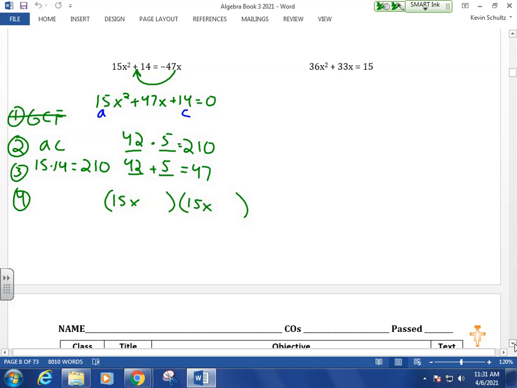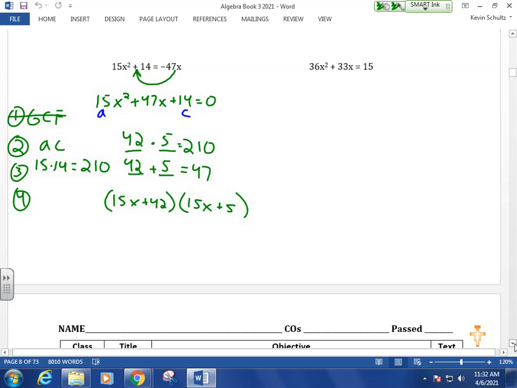This way we don't have to decide, well, how am I going to get 15x squared? Does one get a 3x and one get a 5x? Does one get an x and one get a 15x? By giving them both a 15x and then simplifying later, we eliminate all those different options. Then one of them gets a 42. The other one gets a 5.